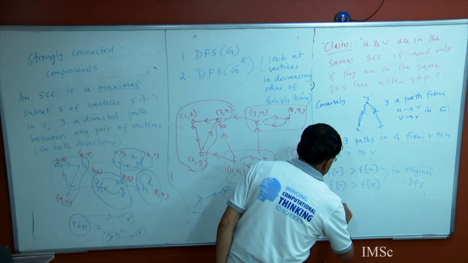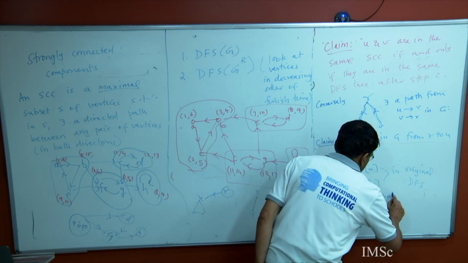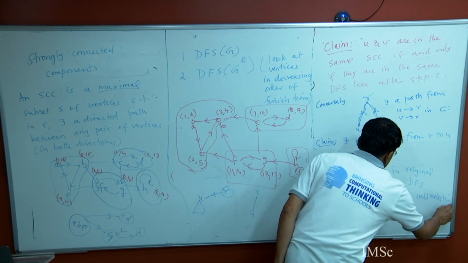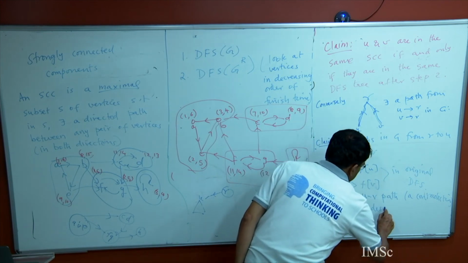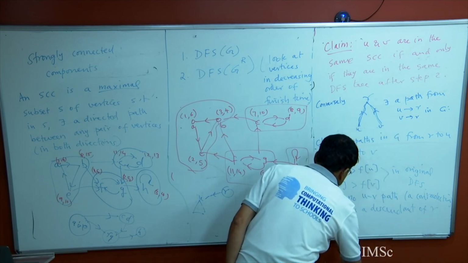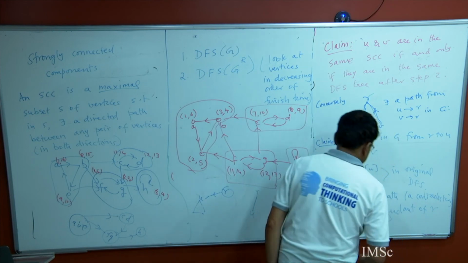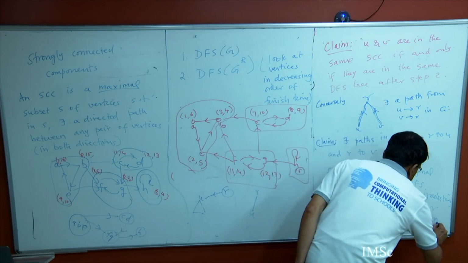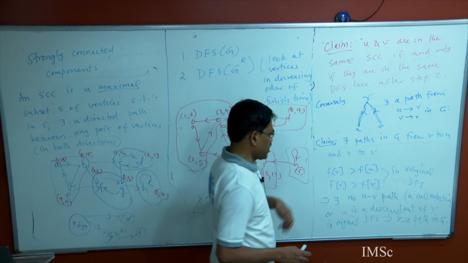Which implies that there is no UR path, a contradiction, or U is a descendant of R in the original DFS, which implies that there is an RU path. Similarly for V as well.